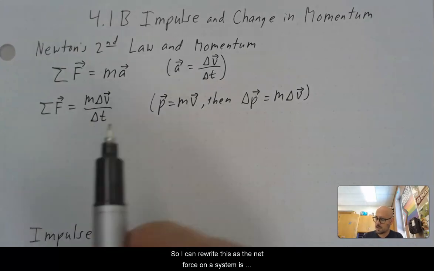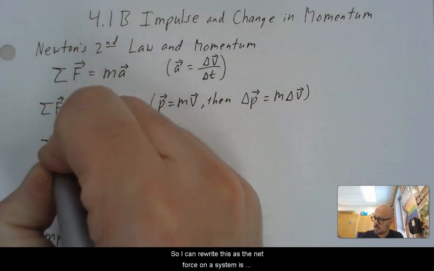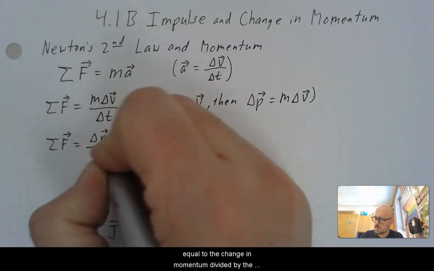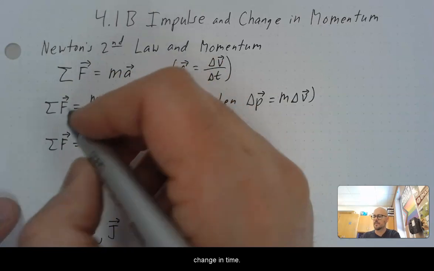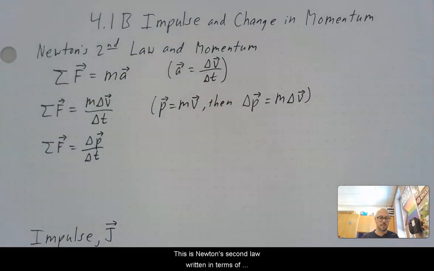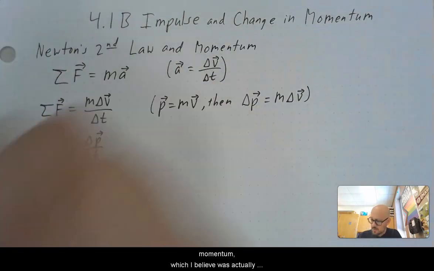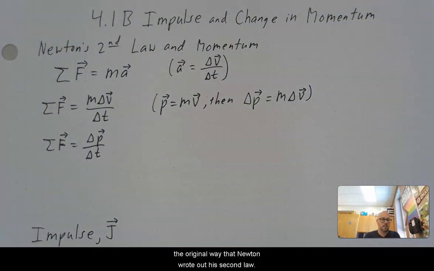So I can rewrite this as the net force on a system is equal to the change in momentum divided by the change in time. This is Newton's second law written in terms of momentum, which I believe was actually the original way that Newton wrote out his second law.